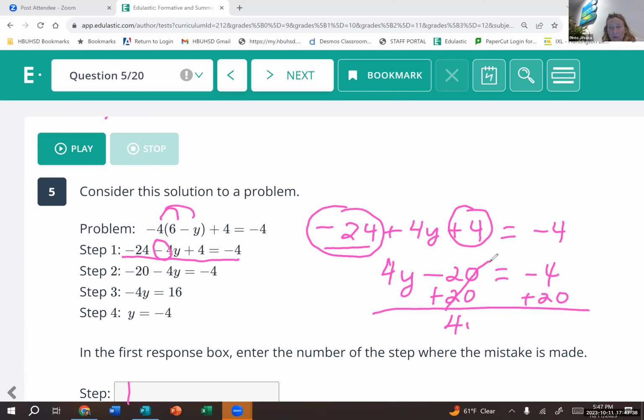It's going to say 4y is equal to 16. And then I divide by 4. And I have y is equal to 4 as the final answer. So this one sure had a lot of 4s. And they just made a tiny mistake. And you can see the answer they got was similar, but not the same.